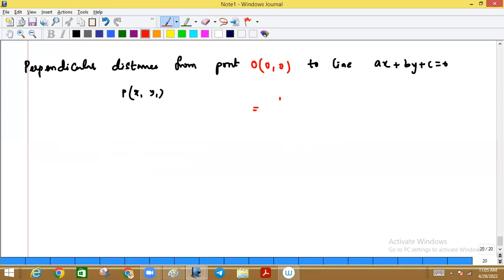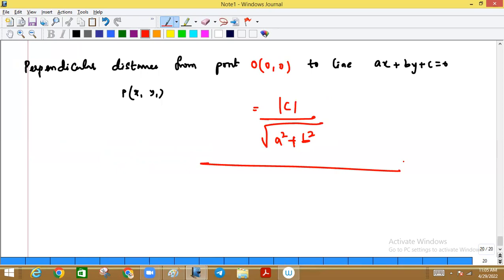Substitute 0, you will get c by under root of a square plus b square. Okay.